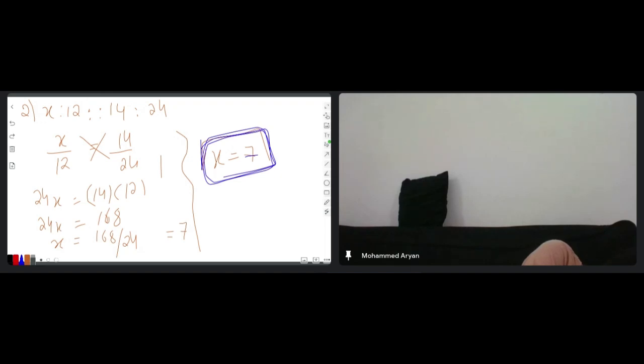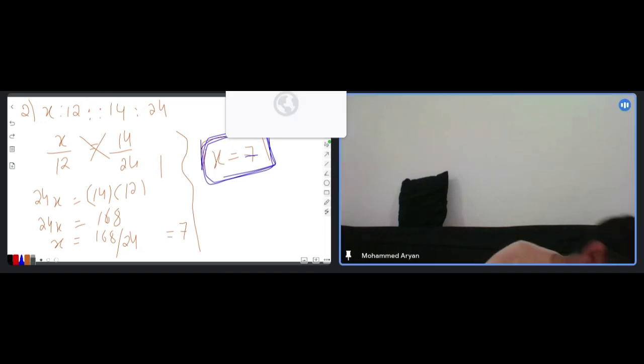Can you do the B, C, D and E part? Why is the E part half? That is 8 ratio x. I can't see the next proportionality. 7:3.